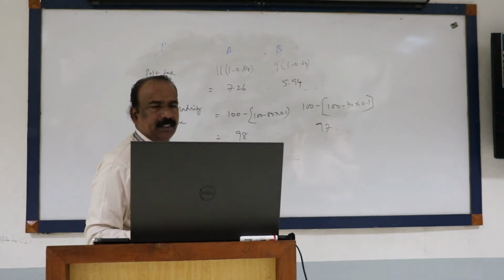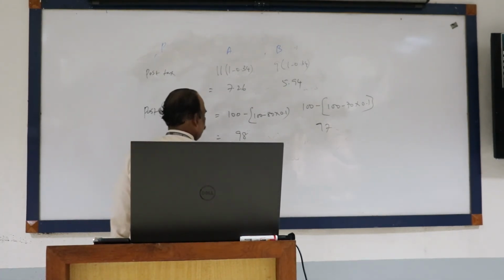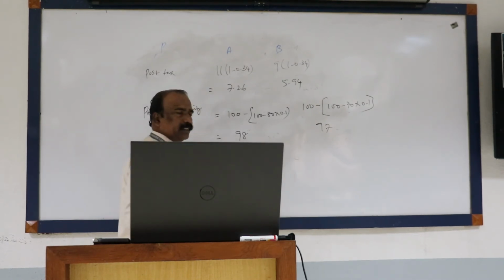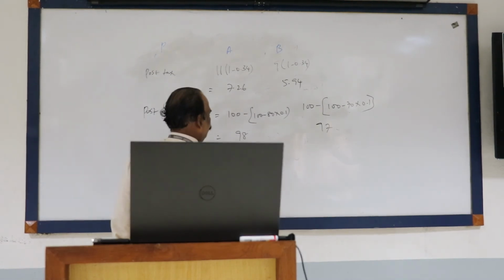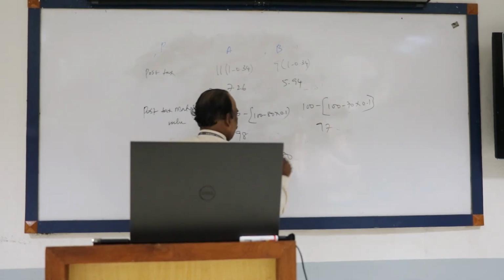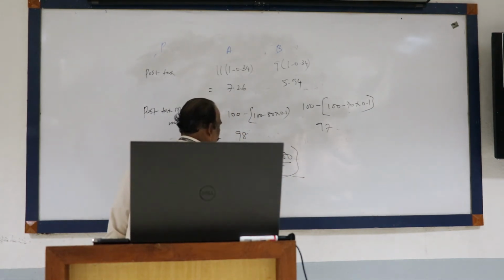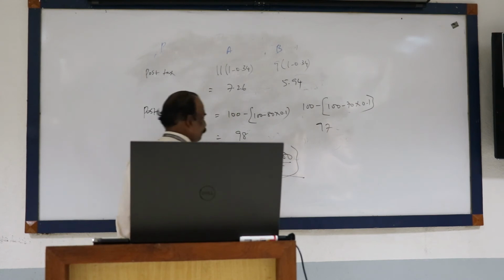How much is the interest payment? 7.26. So 7.26 plus, the maturity value is 98, so 98 minus 80 divided by 5, whole divided by 98 plus 80 divided by 2.